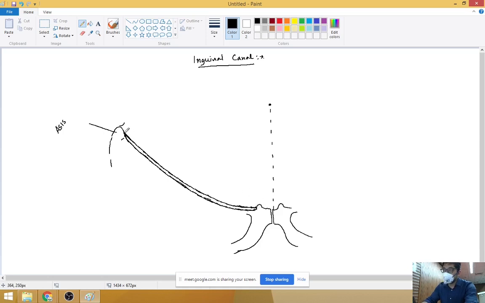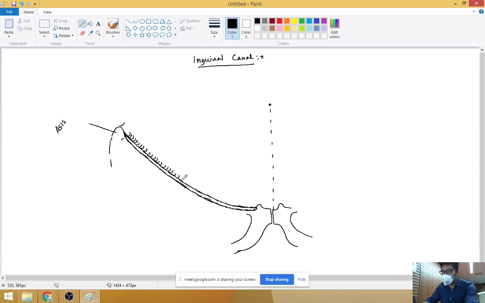Now this ligament is like that. We can say this is having a concave margin, concave margin down. I don't know whether you can make it out or not.